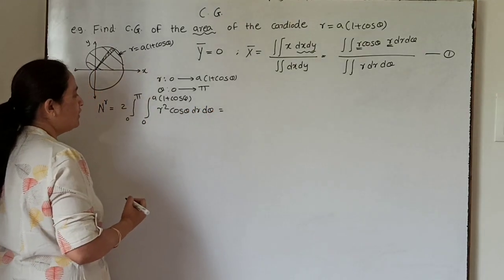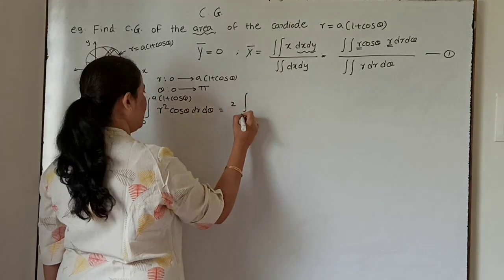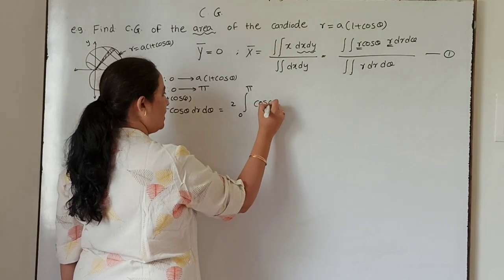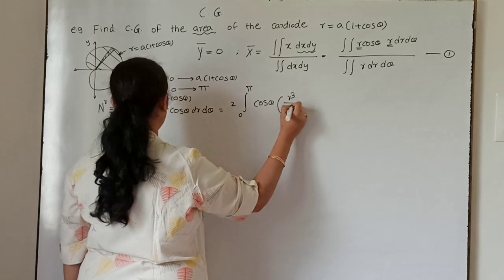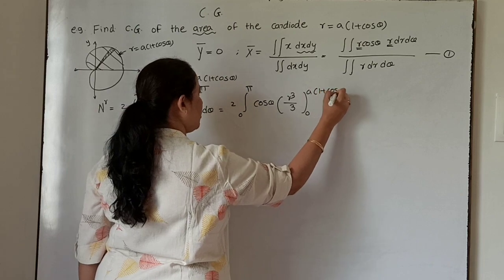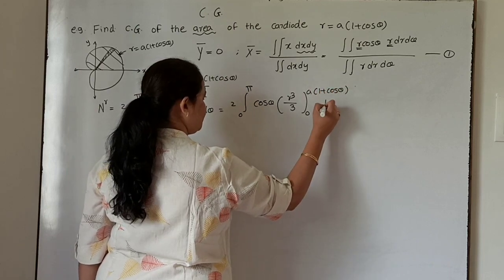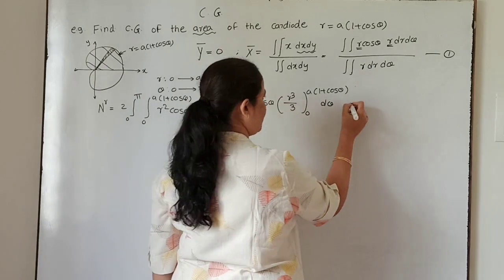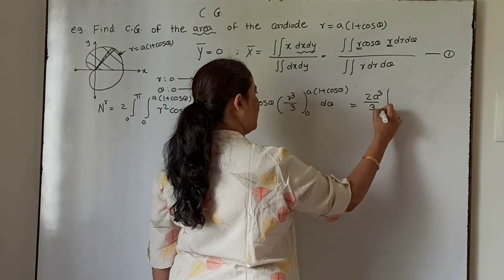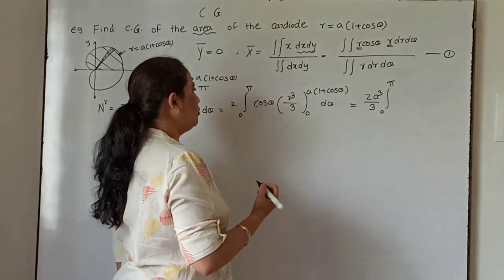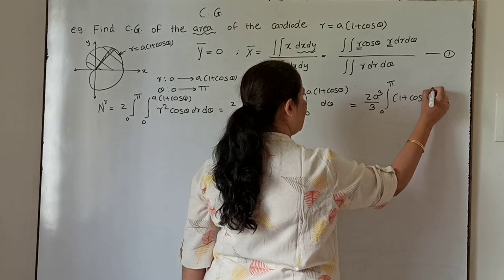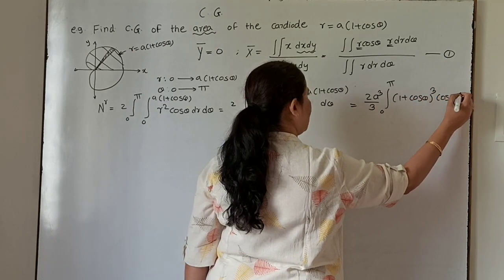Now if I integrate with respect to r, 2 is outside, integration from 0 to pi, the integral of r square is r cube upon 3, limits from 0 to a in bracket 1 plus cos theta, d theta. If we apply the limit and take the constant outside, it is 2 a cube upon 3, constant taken outside, integration from 0 to pi of (1 plus cos theta) bracket cube into cos theta d theta.